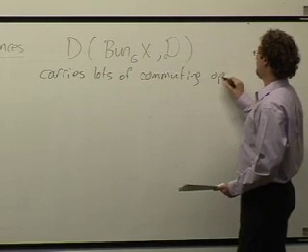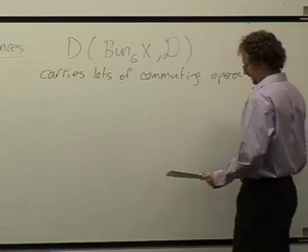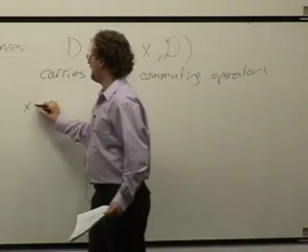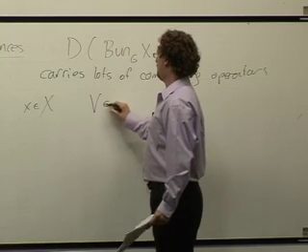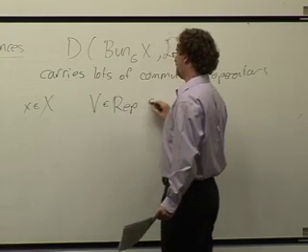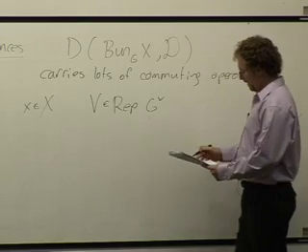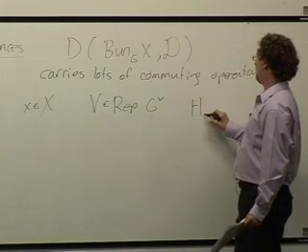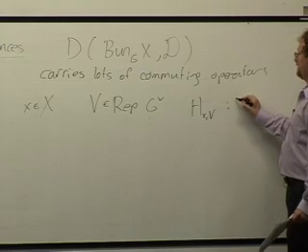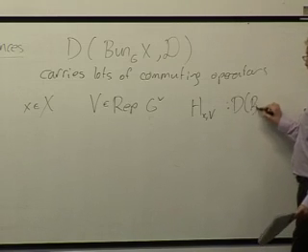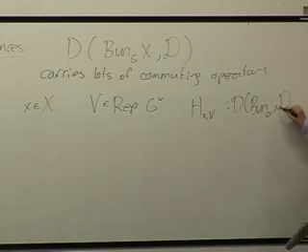So for any point x in X, and for any V a representation of the dual group, I get a functor H_x^V, which is a functor on this category, D(Bun G).